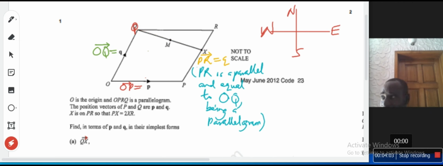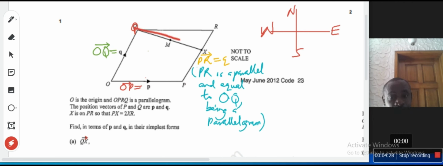So you move from Q to O first, and then O to P, and then P to X. Once you've done that, you've gotten to X. This is how we solve vectors, and it's so easy. Did you see that? Yes.